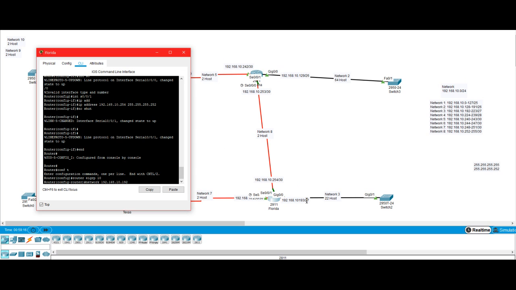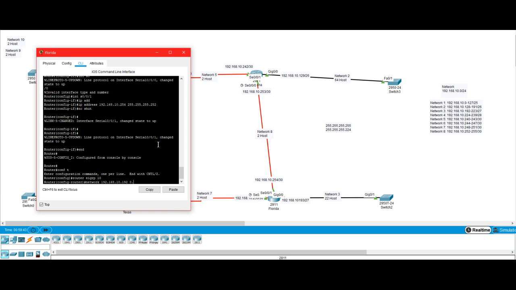For the CIDR 27, what you want to do to figure out the wildcard is subtract 255.255.255.224 from 255.255.255.255. If you do that, you're going to end up with a 31.